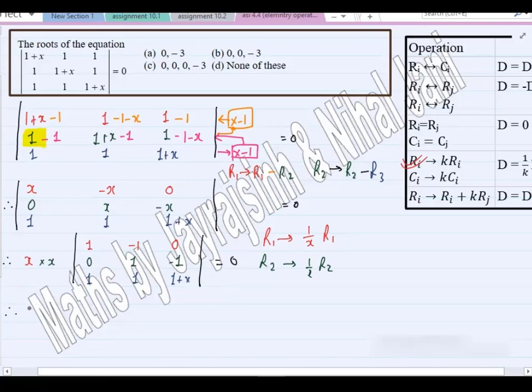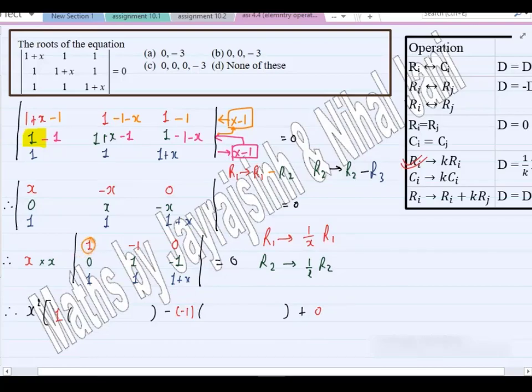This x into x will give us x square. Let's expand the determinant with respect to the first row. So their elements are 1, then minus 1, and finally plus 0. Now let's find out their minors.